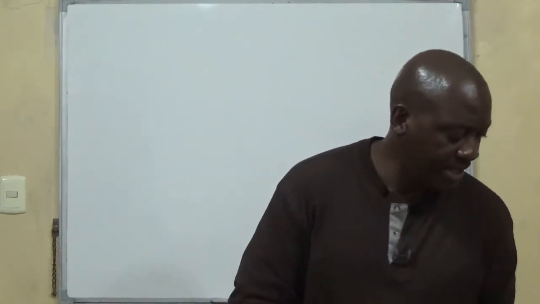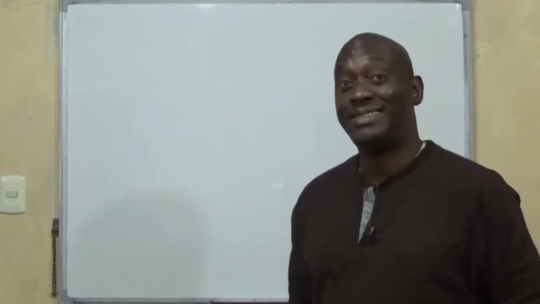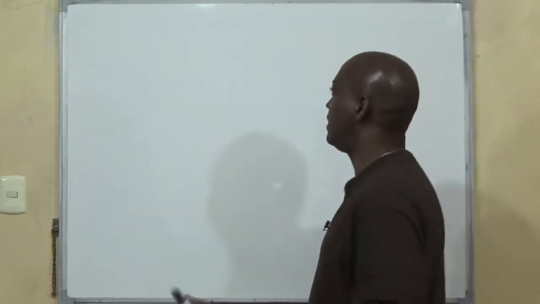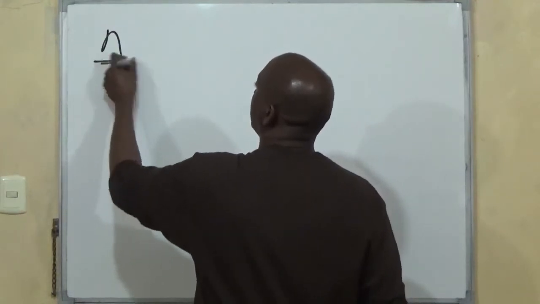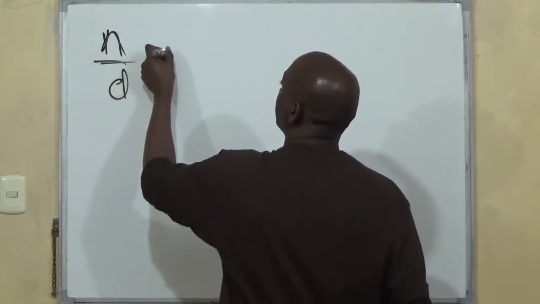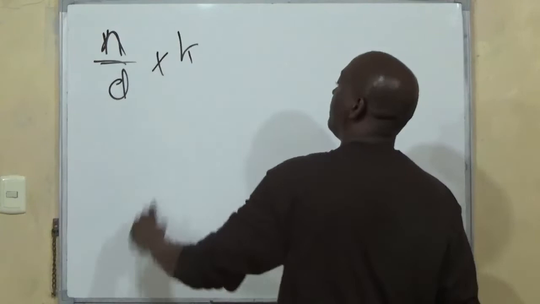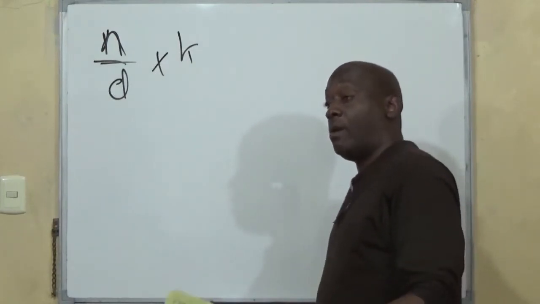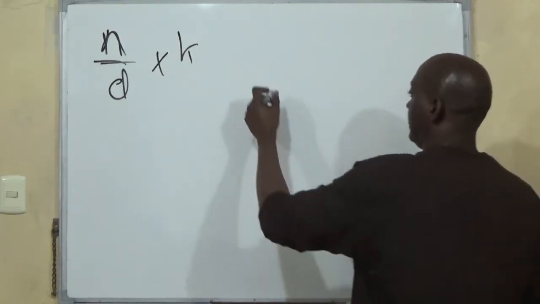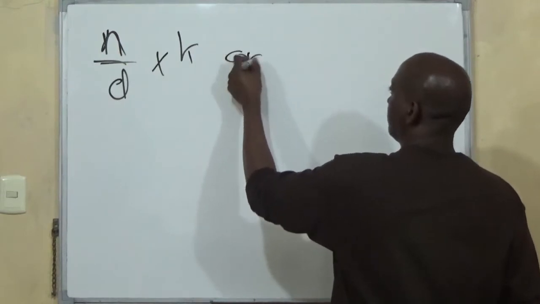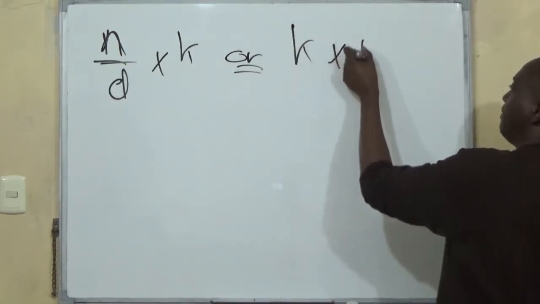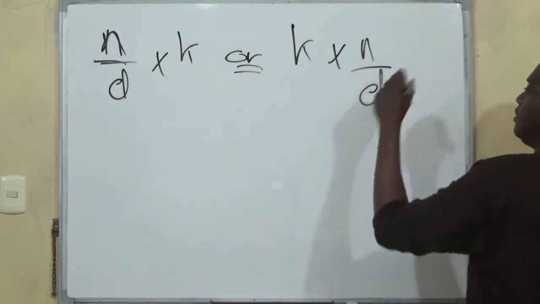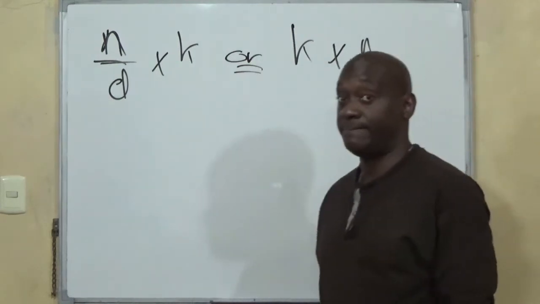If we have to multiply a fraction by a constant k, so let us say you have the fraction n over d, numerator divided by denominator, multiplied by a constant k. Or you can express it as a constant k multiplied by a fraction, numerator divided by denominator.